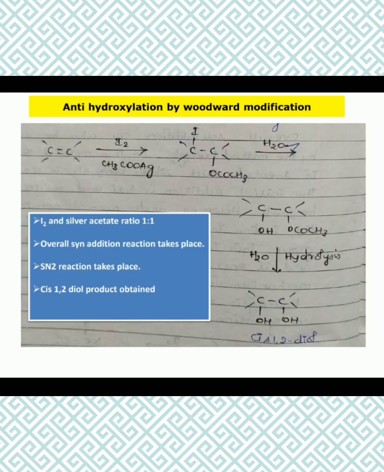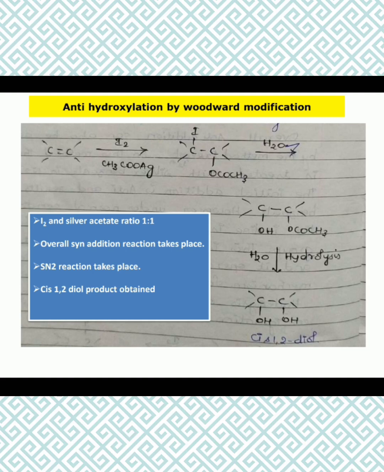The next one is also anti-hydroxylation, but in this reaction, the Woodward modification reaction, we are using iodine and silver acetate in the ratio 1 is to 1. When alkene reacts with iodine and silver acetate in the ratio 1 is to 1, we get the product cis 1,2 diol.